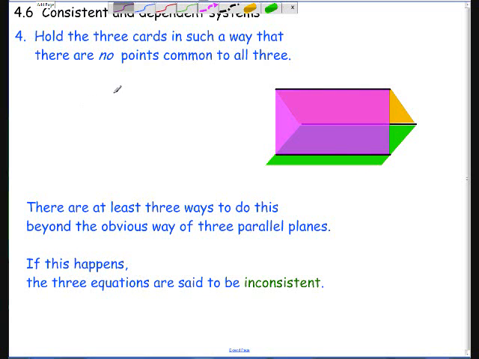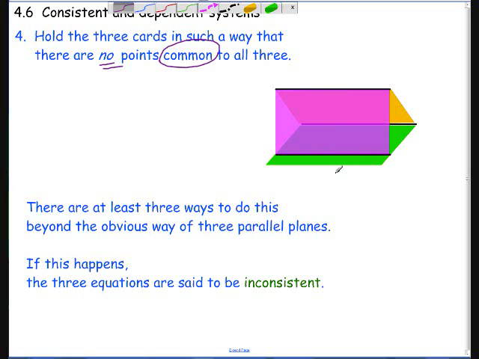Hold the three cards in such a way that there are no points common to all three. Yes, if you put together a little tent shape here, you'll see that, okay, red and yellow have an infinite number of points in common. Yellow and green also, and green and pink also.